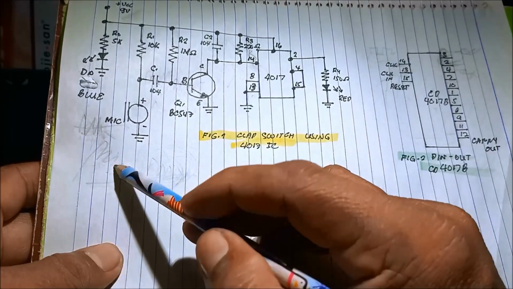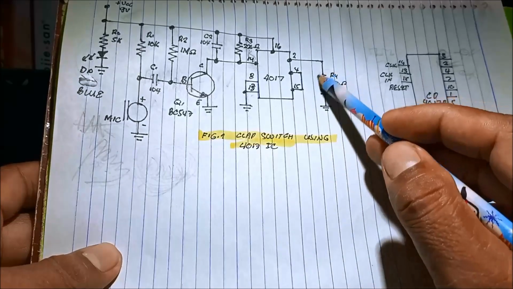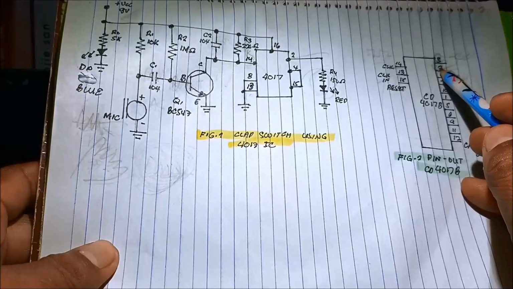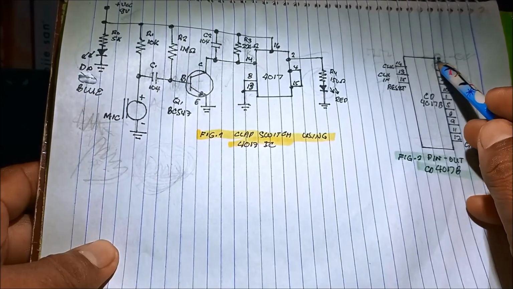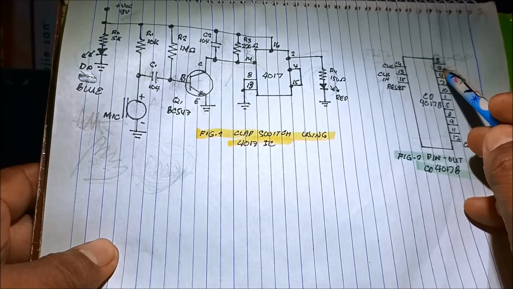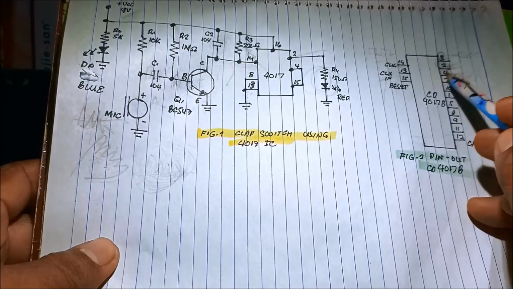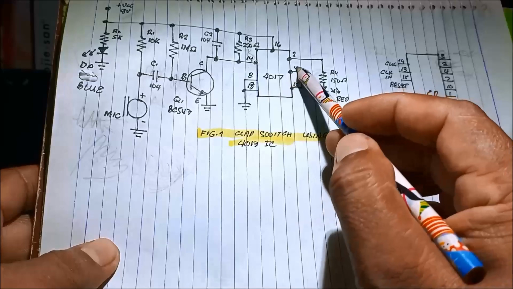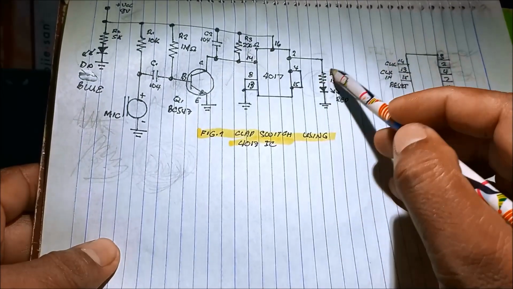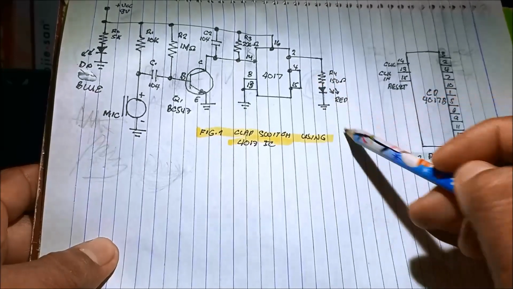Once we clap again, it will turn off the pin number 2 because now the output will advance again to another pin, number 4. So pin number 4 now is on and pin number 2 is off. That's why it is off.